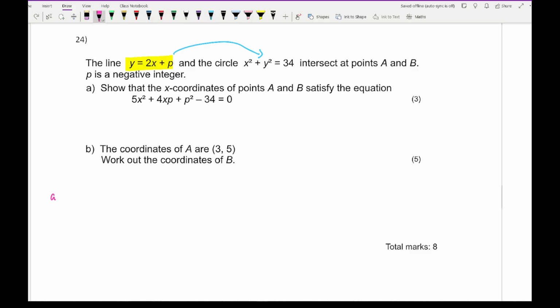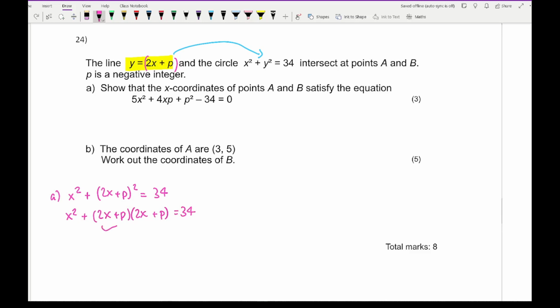So with regards to a, wherever we see a y, we're going to swap it with 2x plus p. So I end up with x squared plus (2x plus p) squared equals 34. Now, x squared plus, then we set up our double brackets, equals 34.